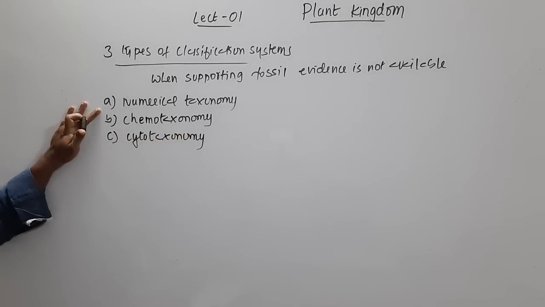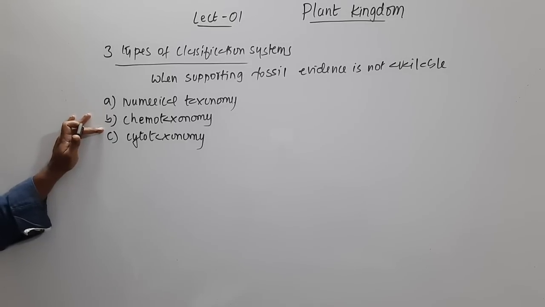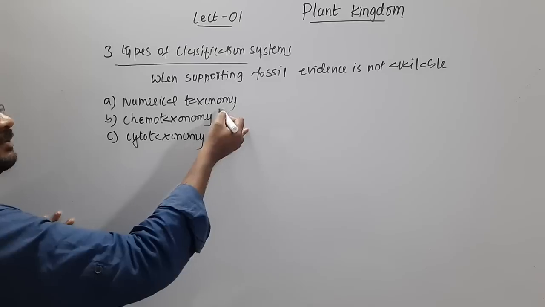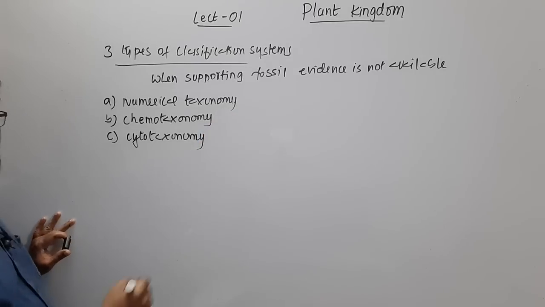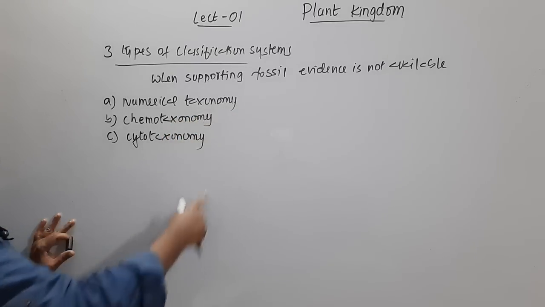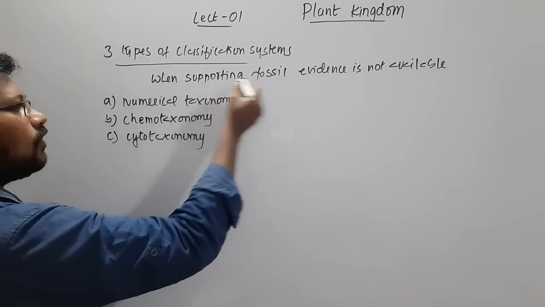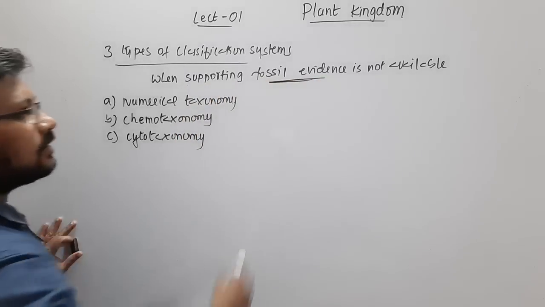So numerical taxonomy, chemotaxonomy, and cytotaxonomy are three modes of taxonomy that actually help in classifying the organisms when there is no fossil evidence available.